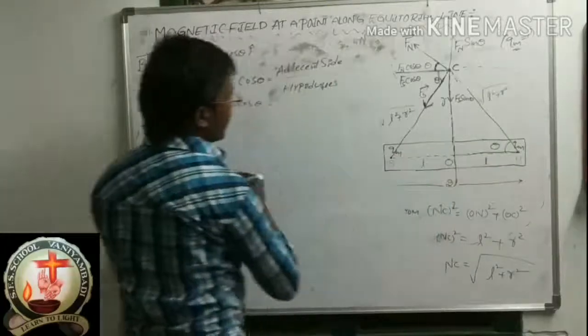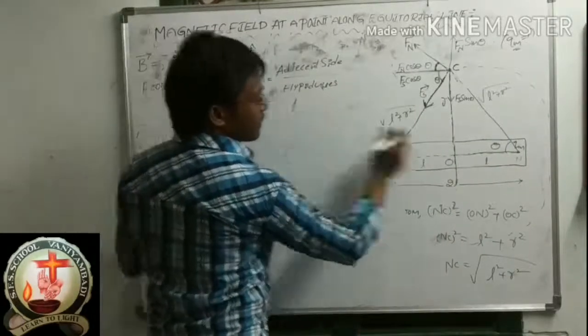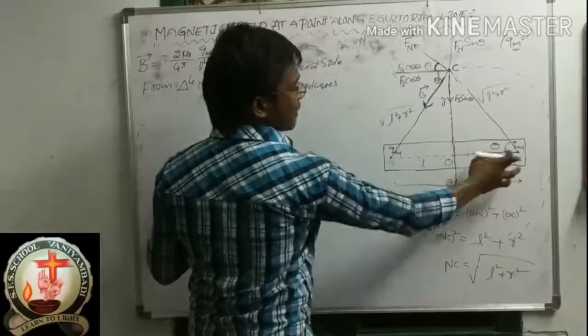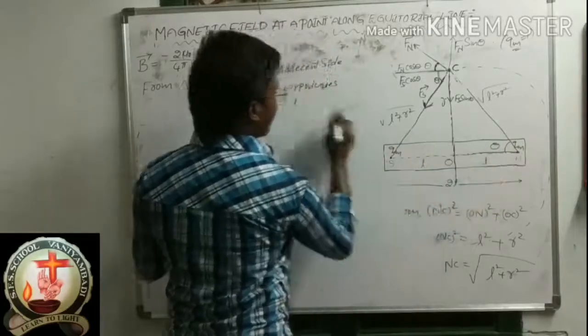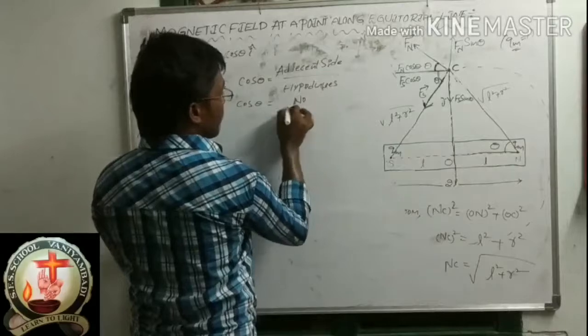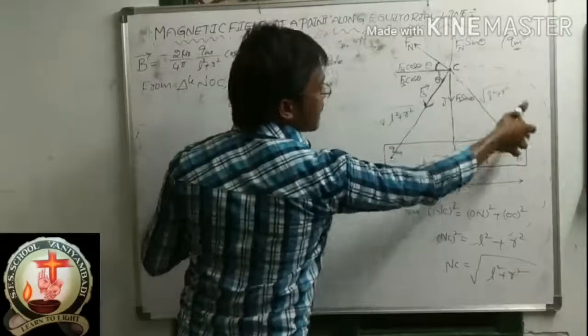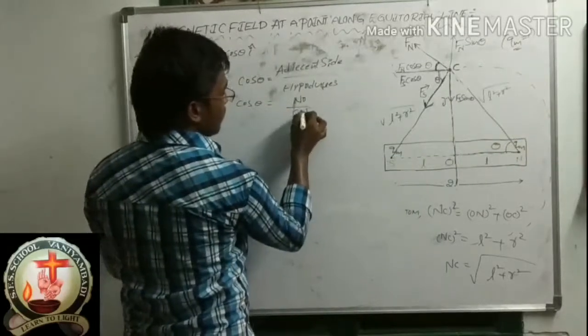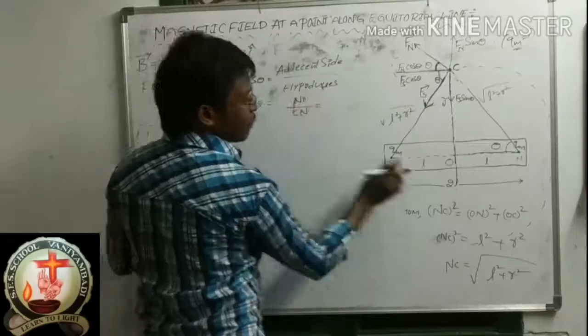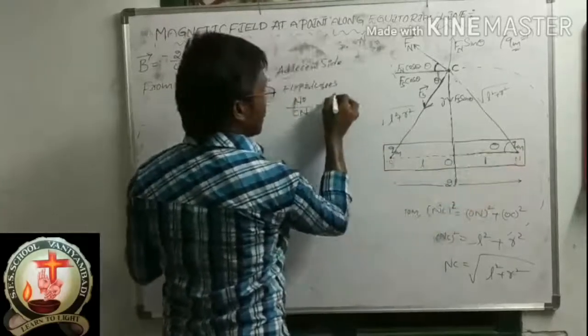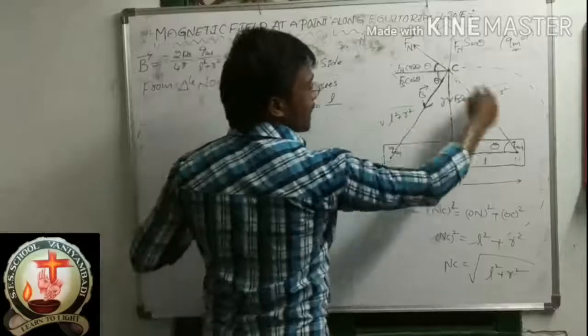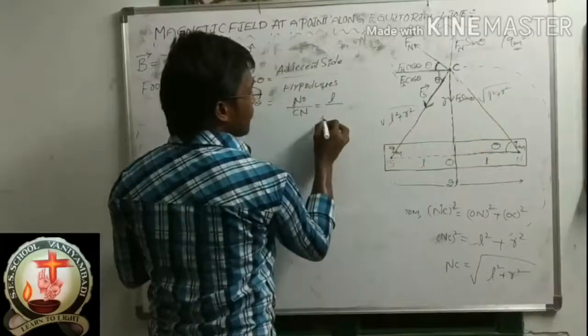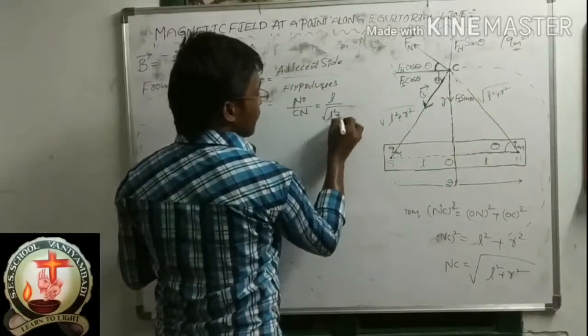This one. So L. Otherwise you can write NO by hypotenuse, this one, CN. What is the NO value? NO means small l. What is the CN value? CN means under root L square plus R square.